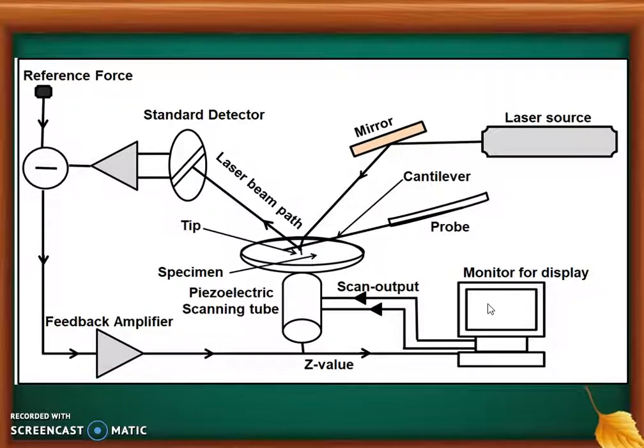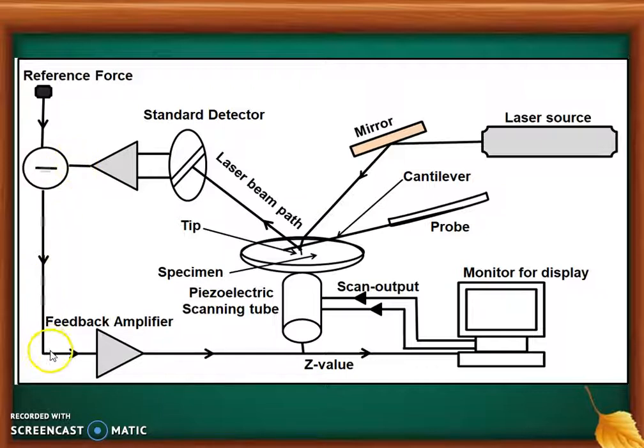If you see the conceptual diagram of AFM, you will find there is a platform where the sample holder will hold the sample in a systematic way. Then there is a light source which produces the laser light, which is directed by a mirror onto the tip of the cantilever end, and then by the deflection due to sample surface roughness, the laser beam will deflect accordingly, and the deflected laser beam will be detected by a photodetector and compared with the threshold value.